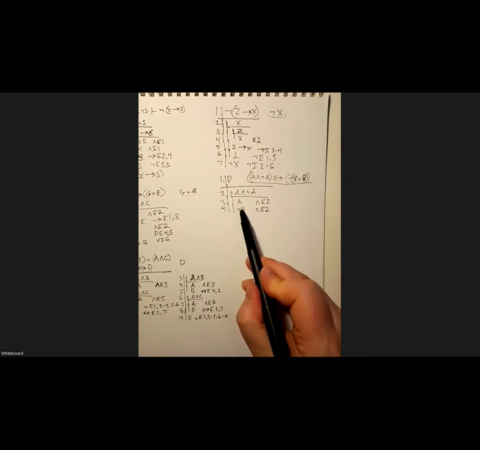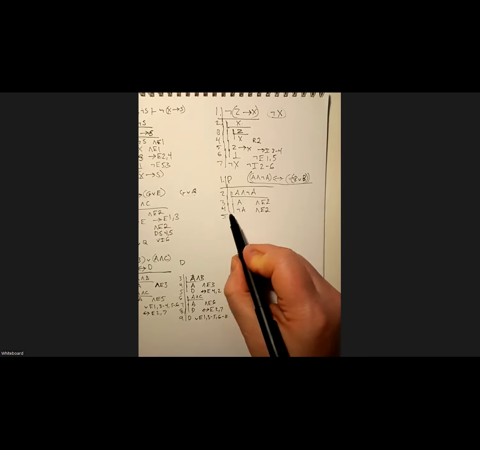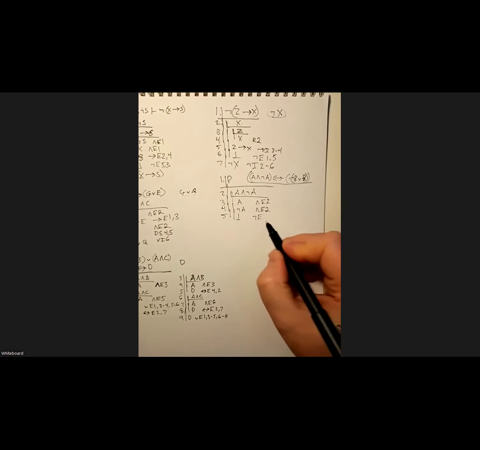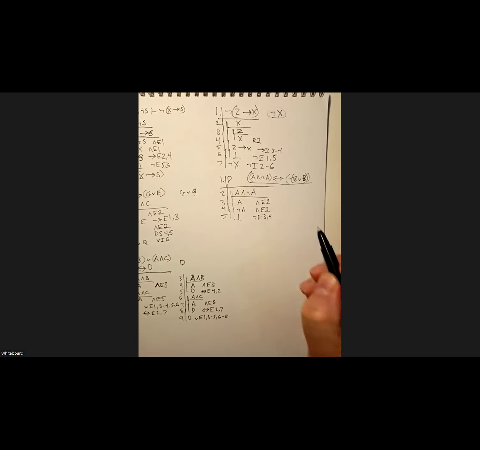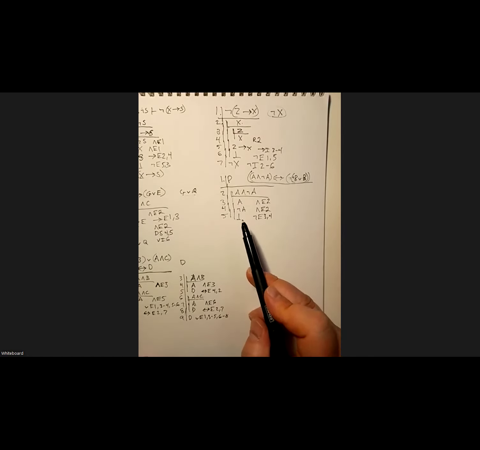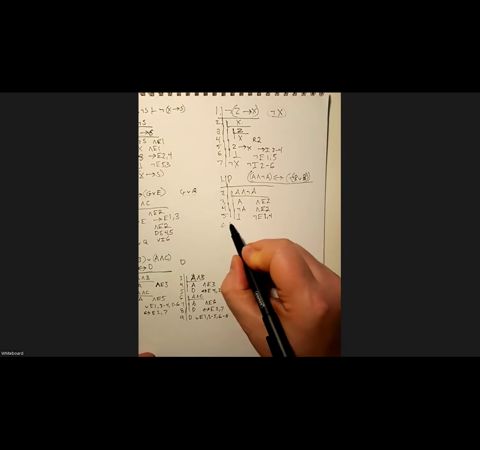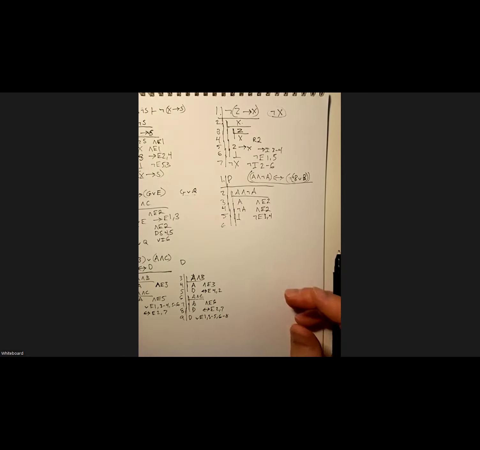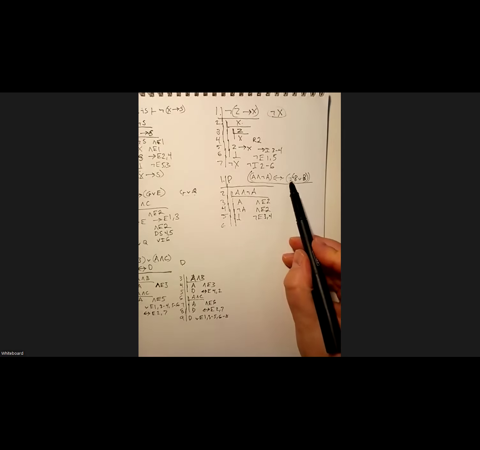Now we've got a sentence and its negation, so we can immediately use negation elimination to give us our contradiction. We've set the bomb up. Now we blow the bomb up. We can use explosion to give us any sentence at all, but of course, the sentence we want is that one.